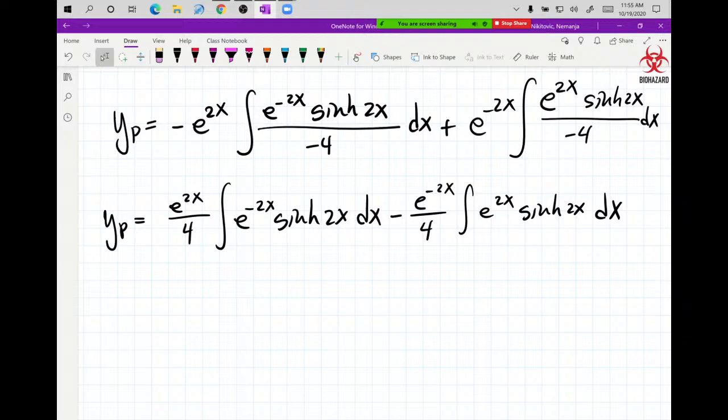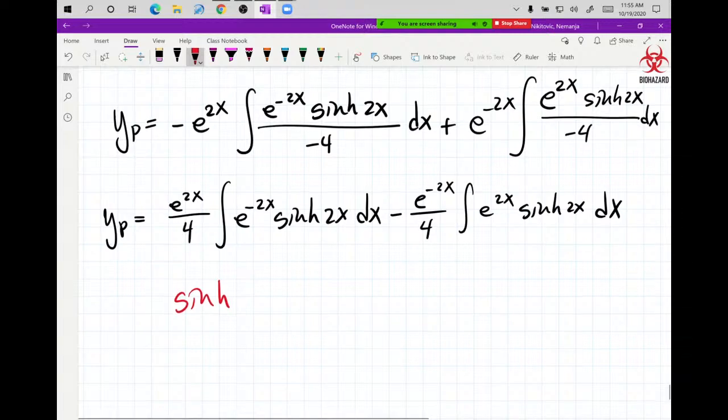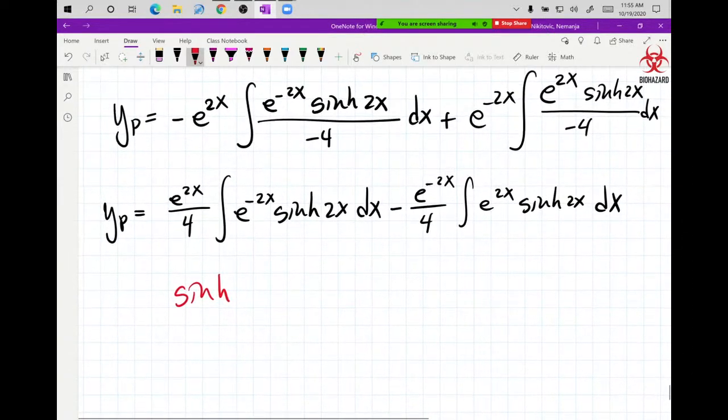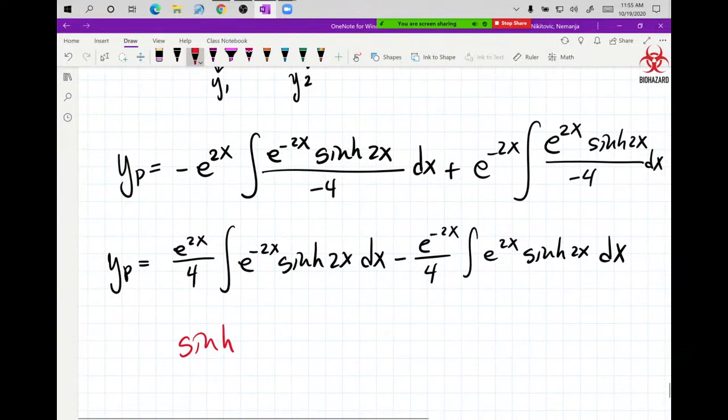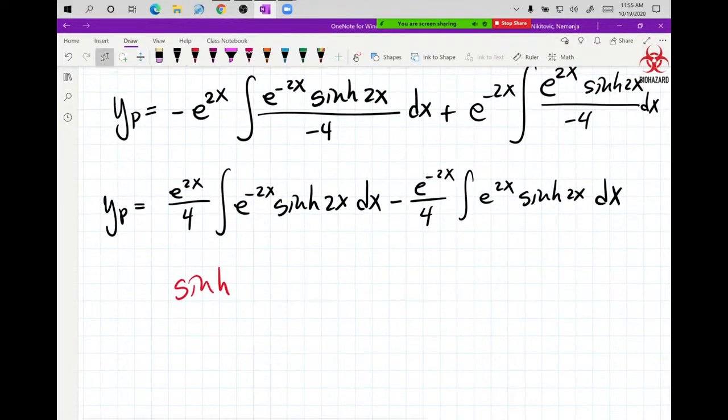Well, if you spent more than 6 minutes awake in Calc 2, you know that sine hyperbolic m, whatever, is equal to e to the m minus e to the minus m over 2.